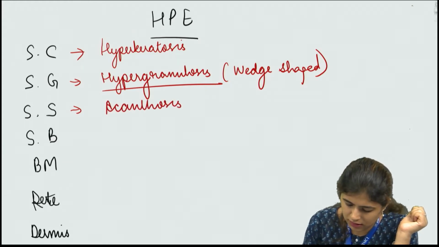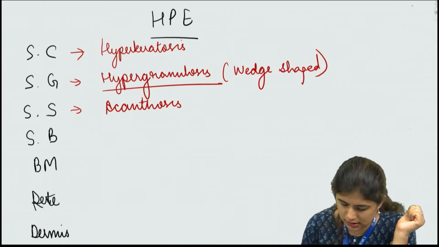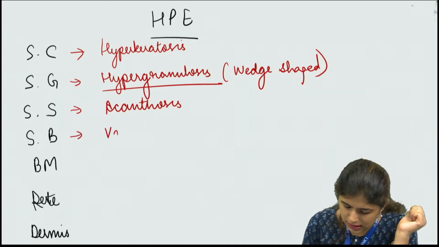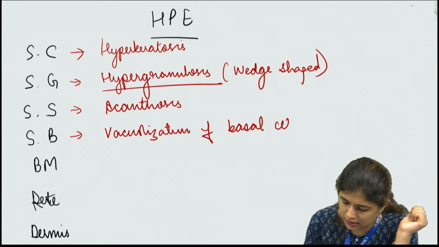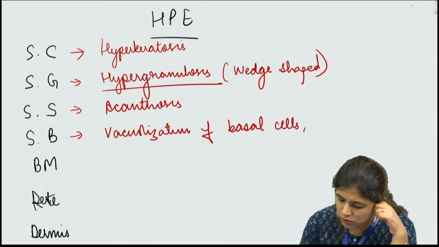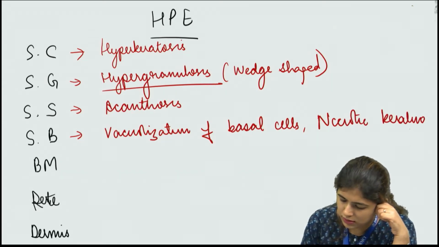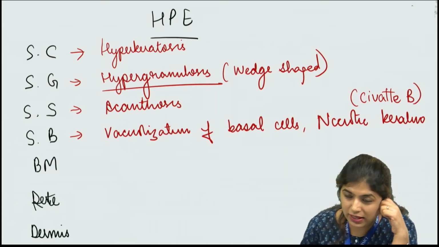In stratum spinosum, we have acanthosis. The basal layer is undergoing vacuolization. So you have vacuolization of basal cells. Apart from this, you see necrotic keratinocytes here, which are also called civatte bodies, right?